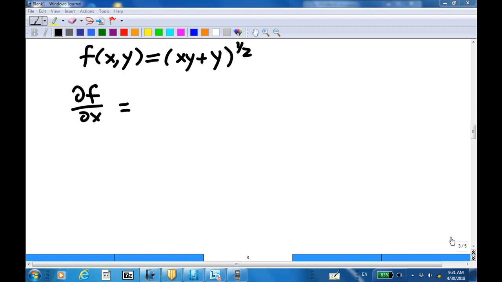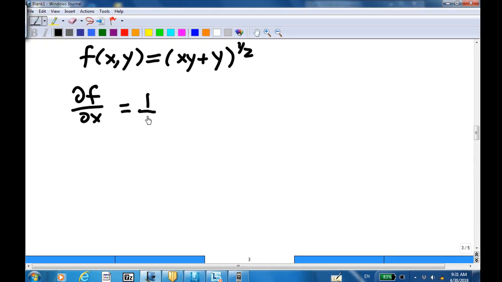When I do the partial differentiation, we bring down the power, then (xy plus y) to the power negative half.